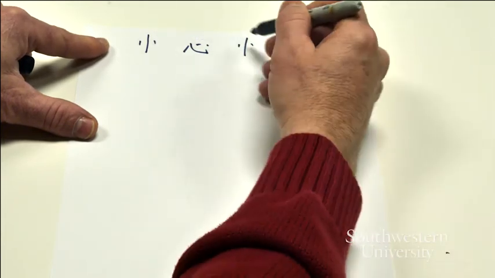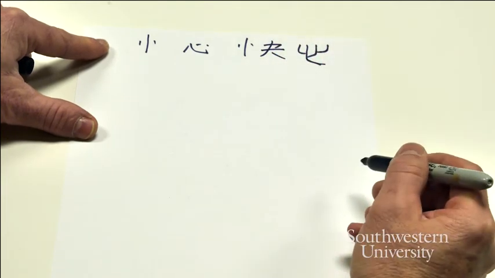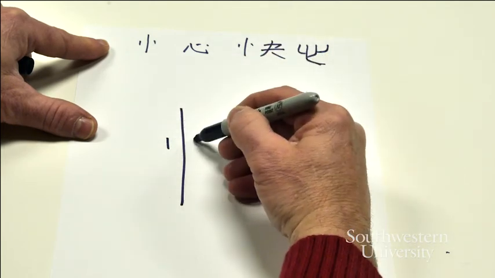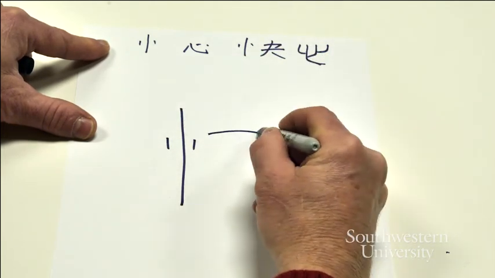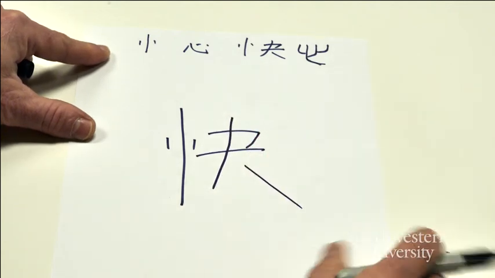In this case, we have this combined with this phonetic kuai. So quickly, fast. Heart is used for kuai and for mang, to be quick, to be busy. Kuai.